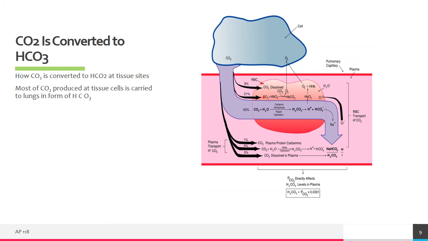The resulting hydrogen ions are buffered by plasma proteins, and the rate of this hydrolysis reaction in the plasma is super slow, and therefore the amount of bicarb and hydrogen ions that form from this is relatively small. There's also dissolved carbon dioxide in the plasma, and that accounts for about 5% of the total CO2 released at the lungs.